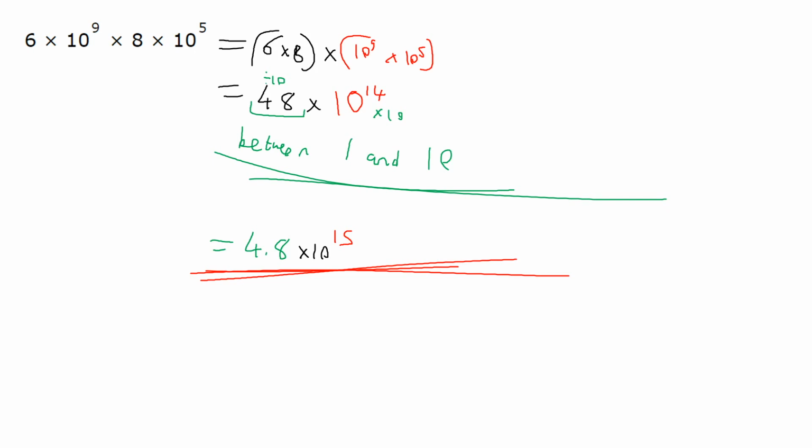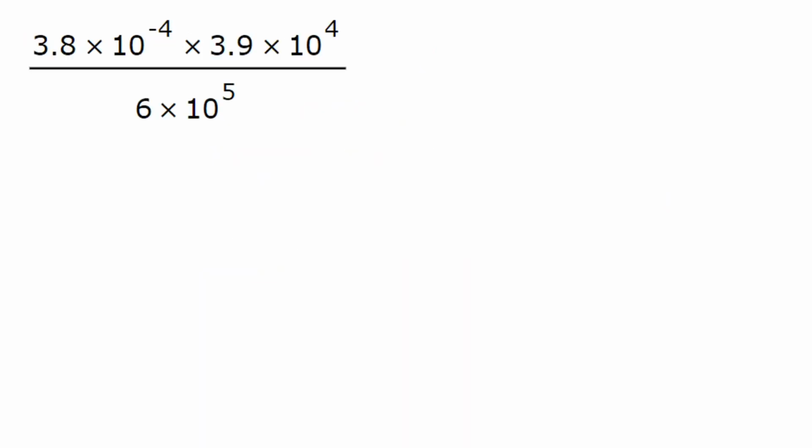So now let's use both. For this one, we have 3.8 times 10 to the minus 4 times 3.9 times 10 to the 4, all divided by 6 times 10 to the 5. How are we going to work that out? Well, all we're going to do is times and divide the first numbers.